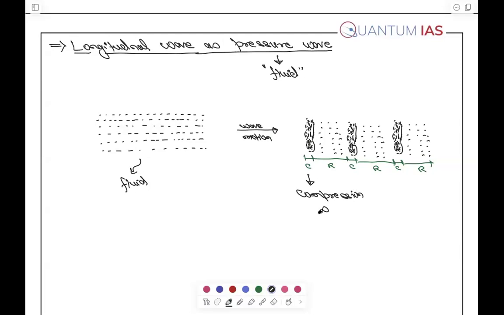Compression means that the density is increasing, and R stands for rarefaction, when the density has decreased. So now what was here? Density was remaining constant here.